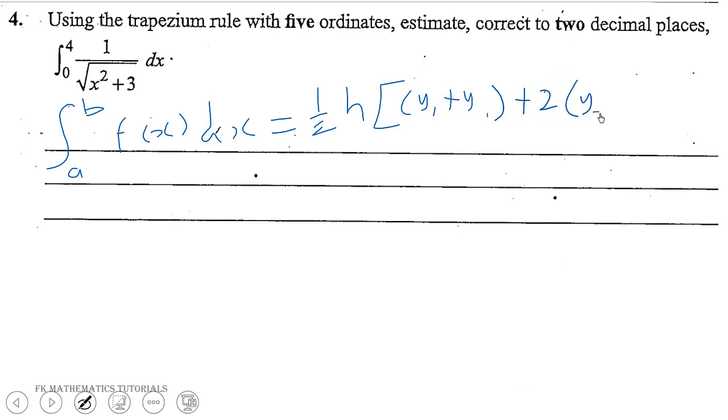So y2, then y3, up to all the remaining y values, so y sub n minus 1. So you add all. Good.